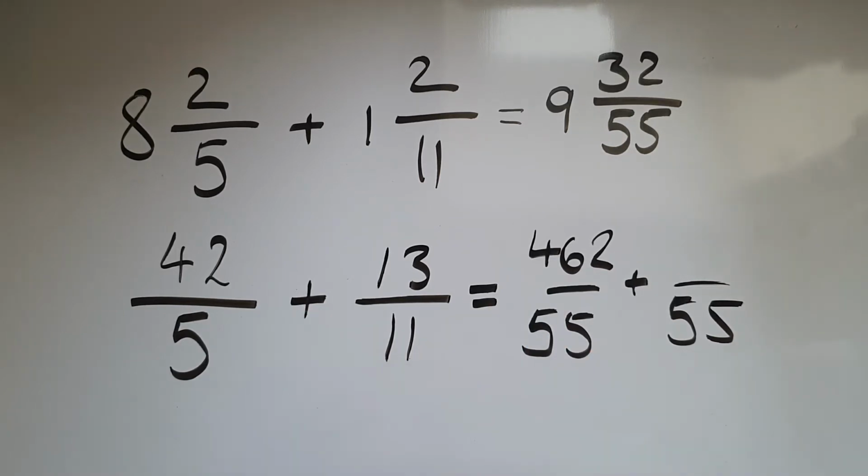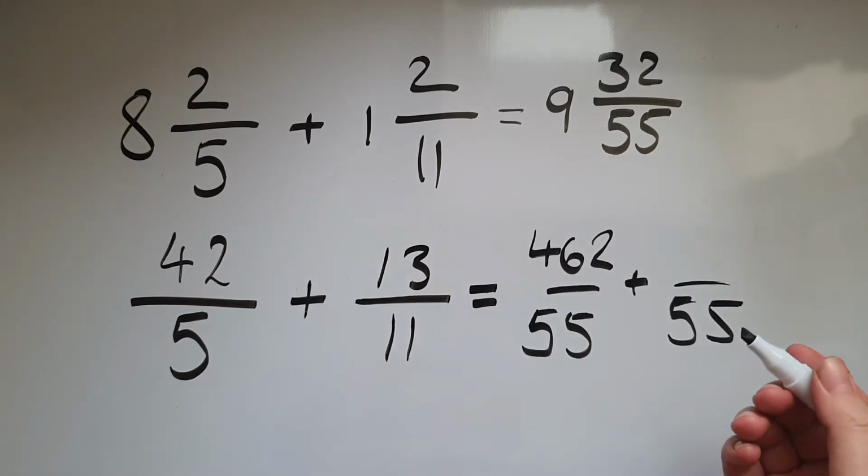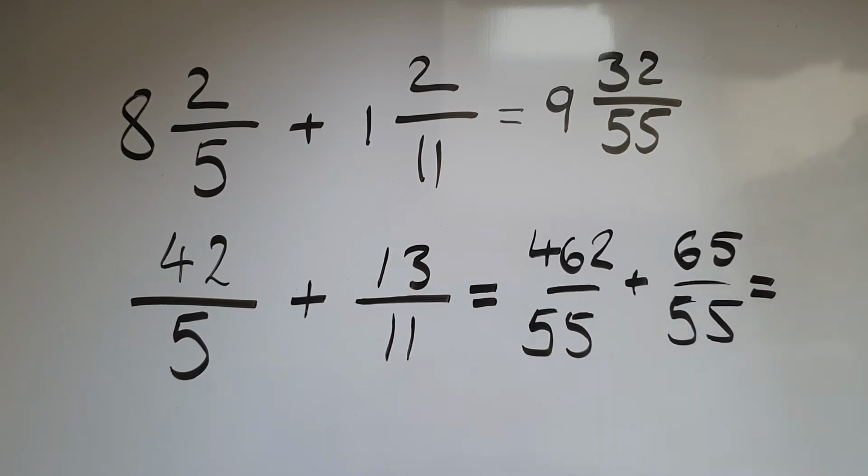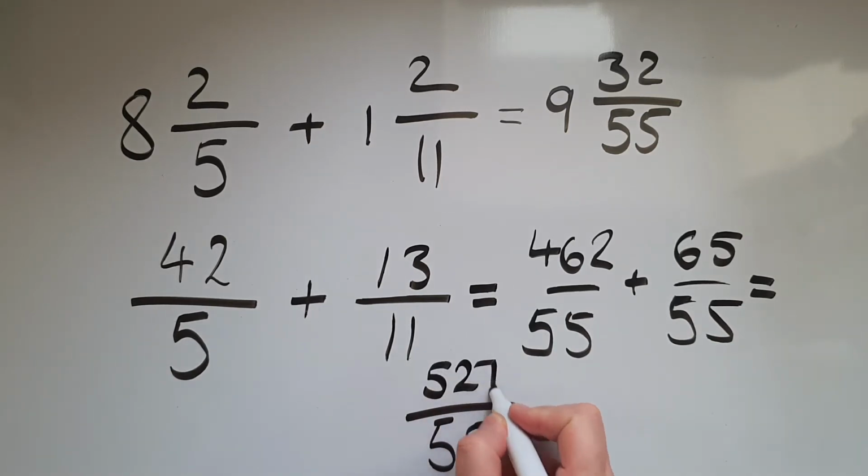So we're going to multiply 13 by 5 as well, which gives us 65. Now, adding them together, 462 add 65 gives us 527.